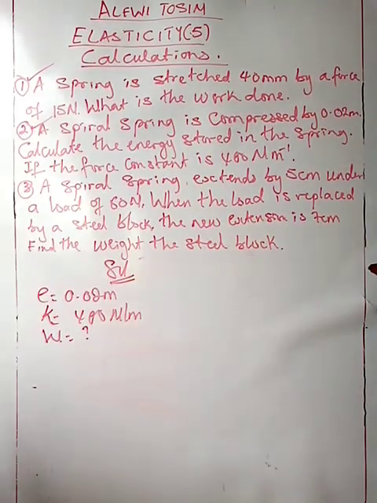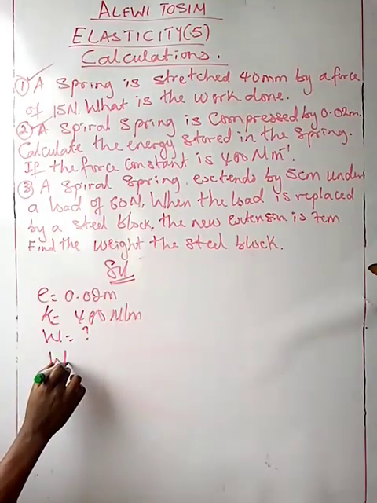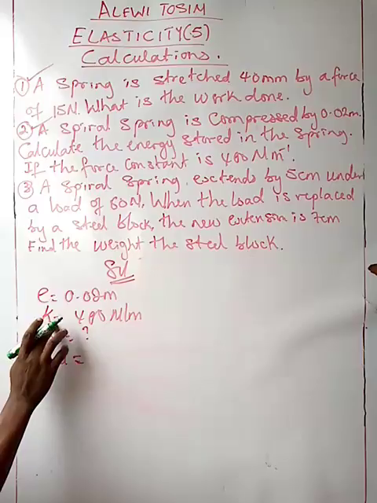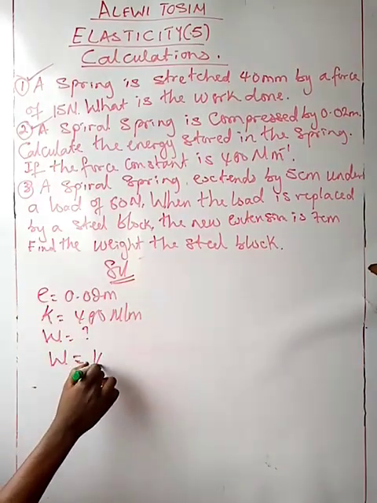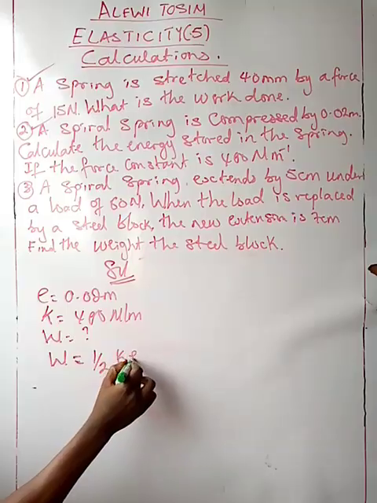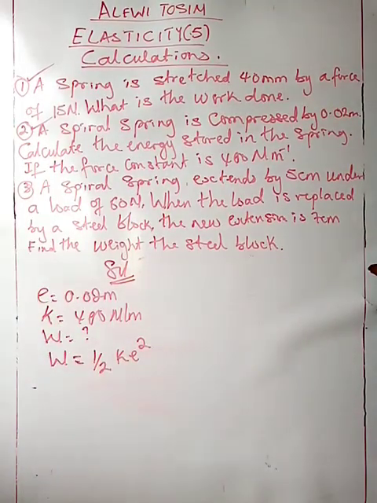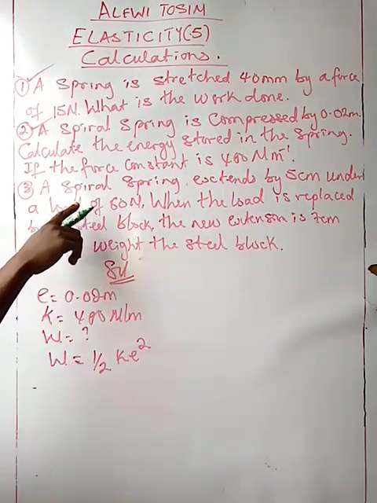Now, when we find our elastic energy, we can say, using work equals half Fe. In this case, we are not given F, so we rather use the second formula, half Ke squared, because we are given K, which is the elastic constant. Note, we call it force constant here.